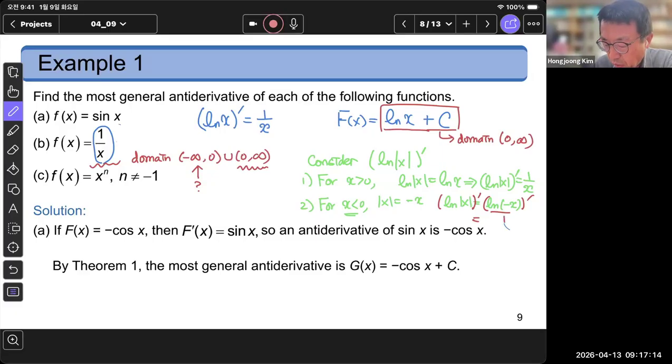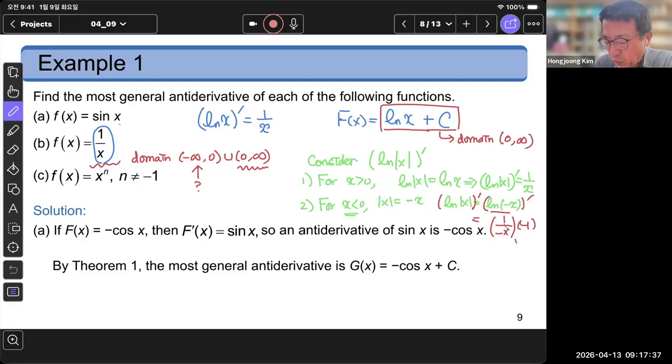So you get 1 over negative x. That is the derivative of the outer function evaluated at negative x, the inner function. Now, you need to multiply the derivative of the inner function. So if I differentiate negative x with respect to x, you get negative 1.